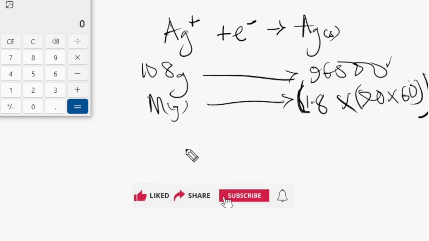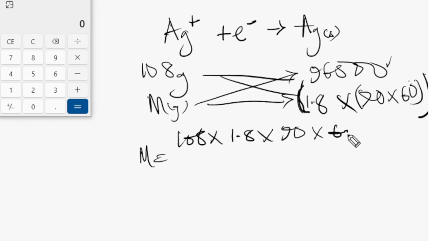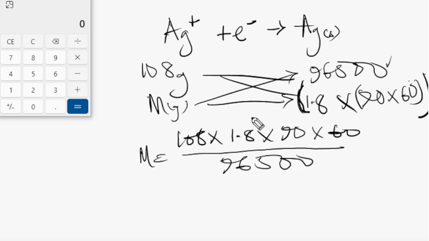So if we have this way, we are simply going to cross this out, and then let's say the mass will be 108 times 1.8 times 90 times 60, over 96,500. So let's go ahead and calculate this.